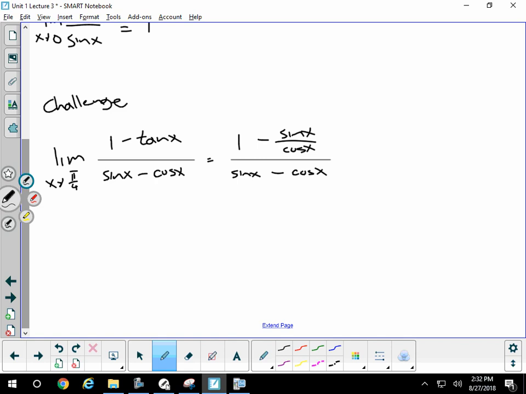What do you think, Ms. Smith? Yeah, I got a fraction inside of a fraction, right? Why don't we combine our 1 and our sine x over cos x. So I would rewrite this as cos x over cos x. Okay, go from there. Did you get it? Very, very nice.